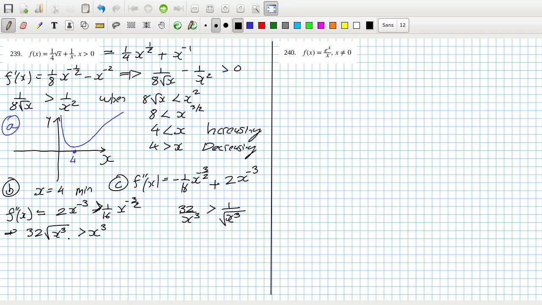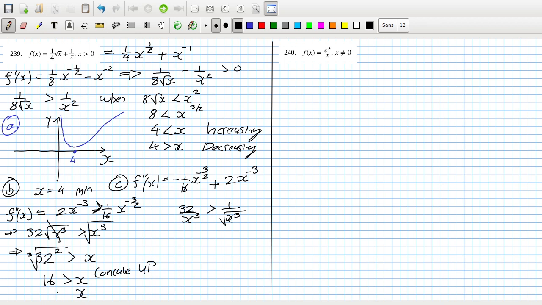So you could divide by this, and that would make a root appear here. And then you could square both sides. So 32 squared, x cubed has to be smaller than that. So cube root of that. Cube root of 32 is 4. Squared is 16. So when x is less than 16, it's concave up.